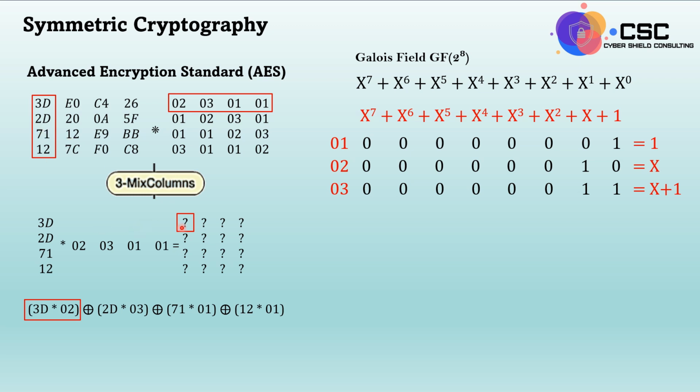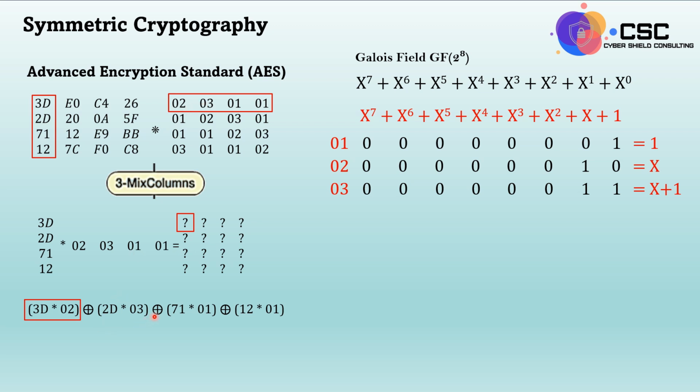And then if I want to do the next value, then I have to take the first column multiplied by the second row, and this gives me the second value. But let's do this first as an example so we can learn the process. So this will be 3d times 0, 2, and this will be XORed by 2d times 0, 3.